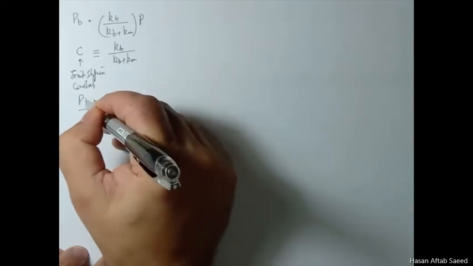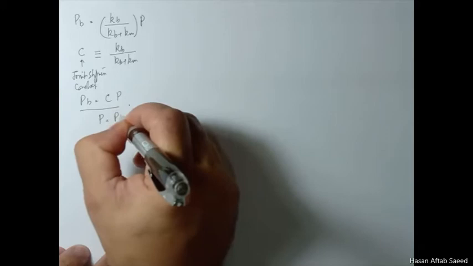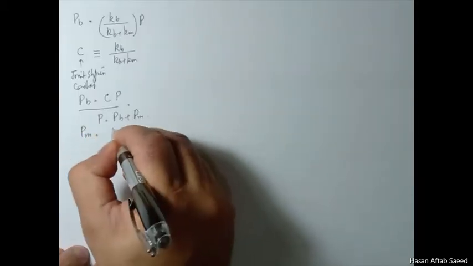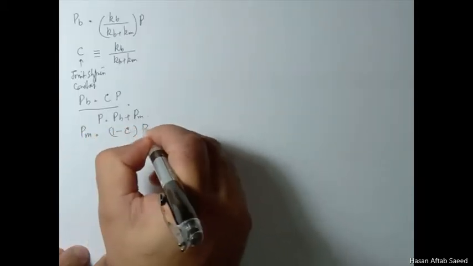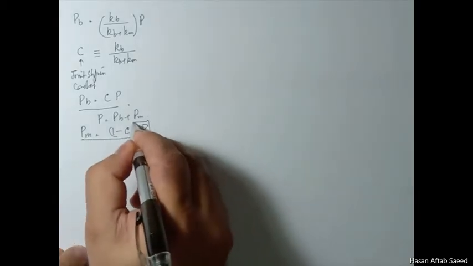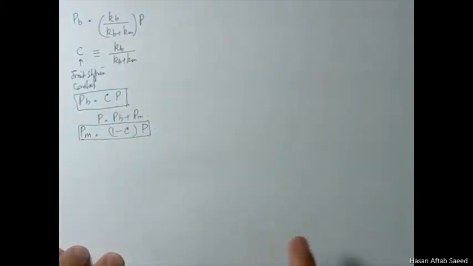This is the ratio of external load P taken up by the bolt, and since we know that P is equal to PB plus PM, obviously the rest of the load must go to the members, and that means that PM will be 1 minus C into P. So these are the external loads taken up by the bolt as well as the members.